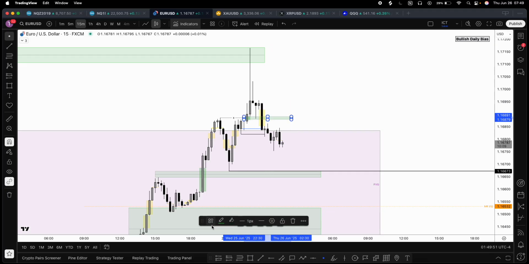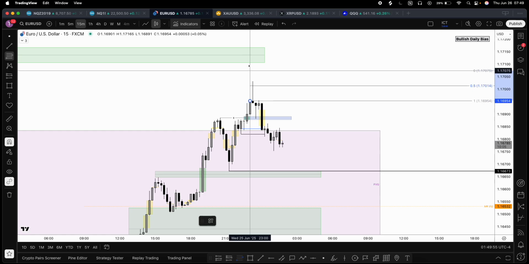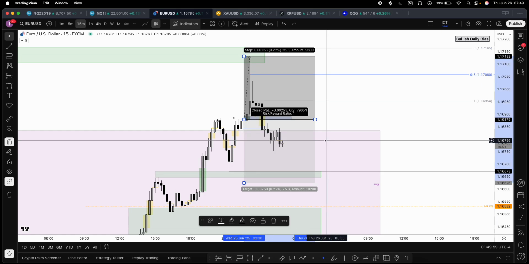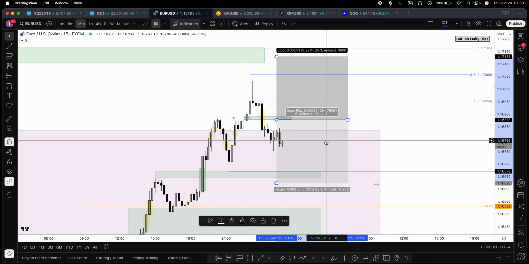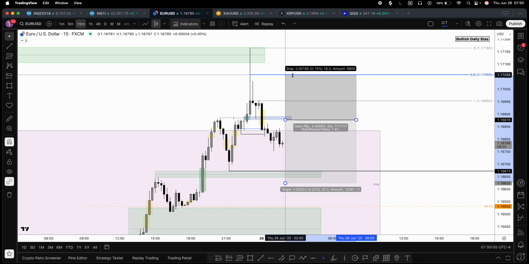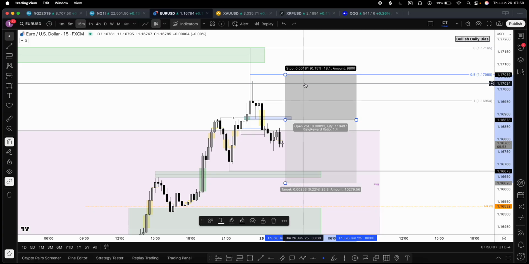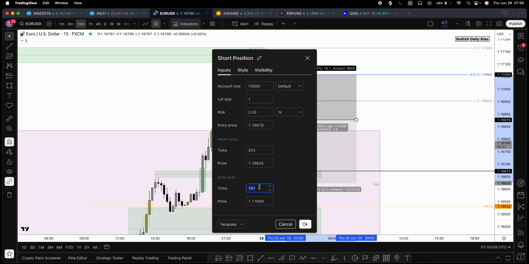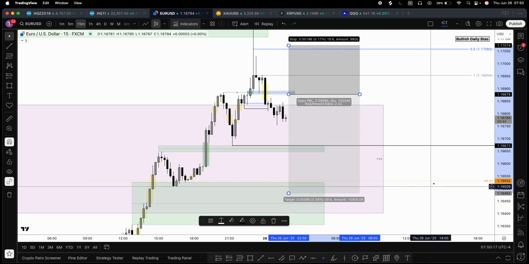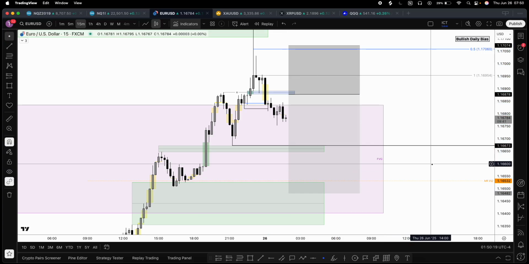Could look at an entry over here, like this, with our stop loss around there. There's a potential trade right there.